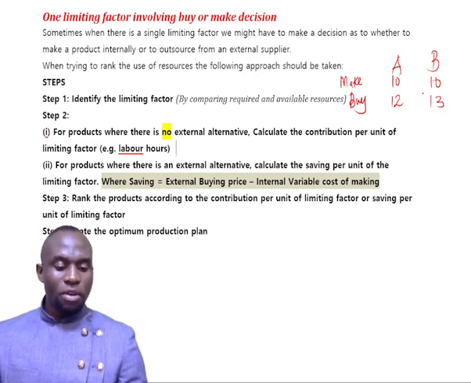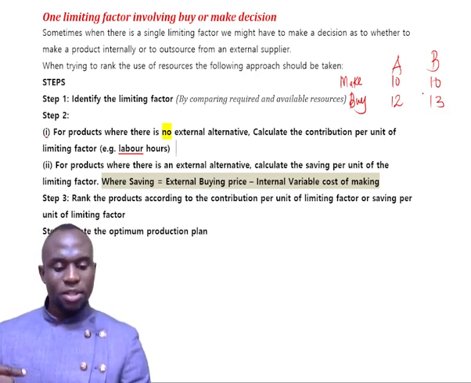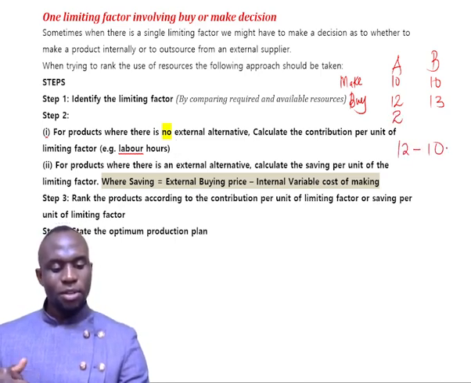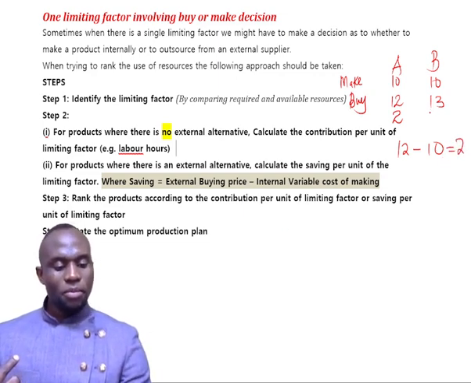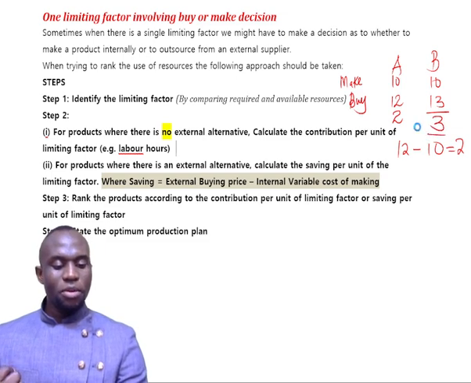So you see, for product A, when you make the product, you're saving $2. So it is the 12 minus the 10. So saving is $2. And if you make product B, you're saving $3.